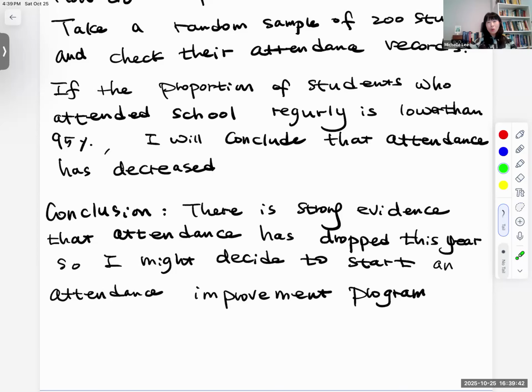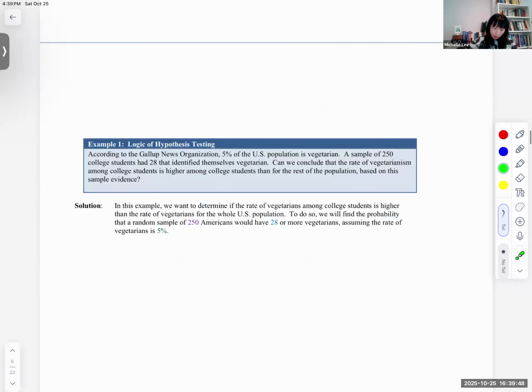So make sense what we are doing in this chapter? Very good. Okay, so let's talk about this. This is also the logic of hypothesis testing. According to the Gallup News organization, 5% of the US population is vegetarian. But a sample of college students had 28 who identify themselves as vegetarian.